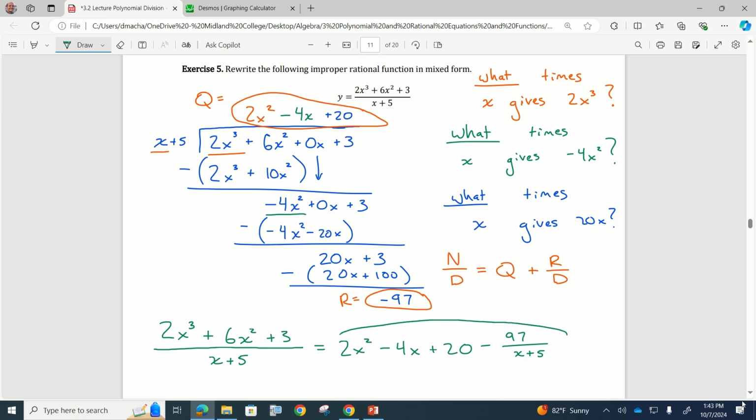And this is what we call the mixed form because it is a polynomial plus a proper rational function.